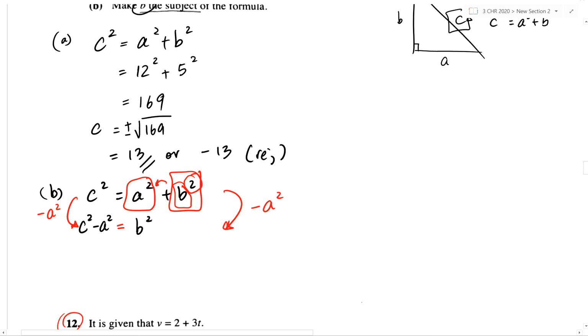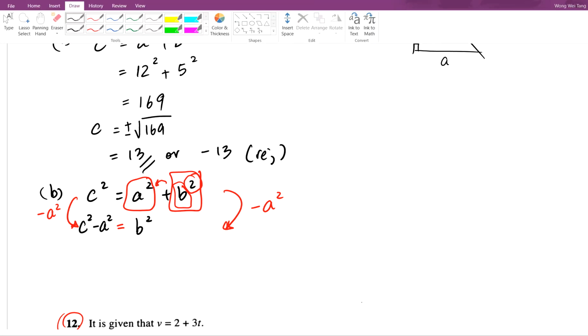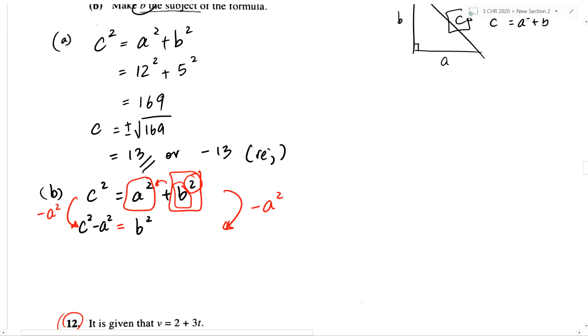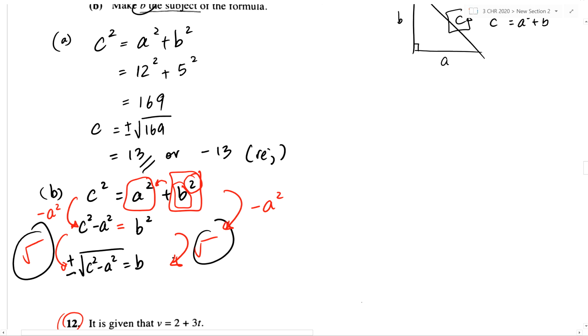Okay, we are almost there. I need b as the subject, not b square. So the next step is to get rid of the square, and we will take square root. By taking the square root, I will end up with b on this side, c square minus a square. Because I am the one who introduced the square root, I need to put a plus minus.